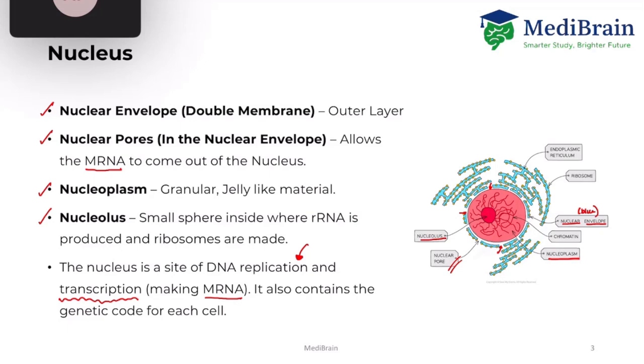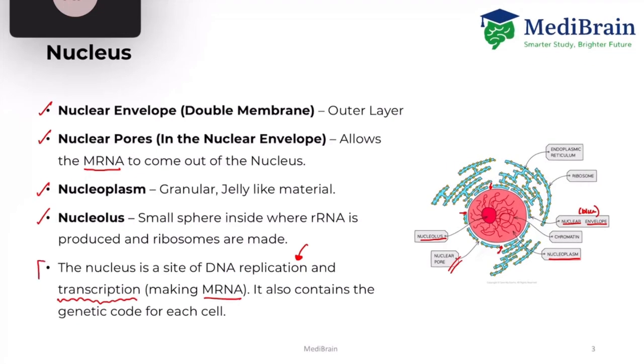It tells the cell what to do. Okay, so that shouldn't be anything new. The point about transcription, it's where transcription happens. So basically, remember the mRNA is moving out of the cell and into the cytoplasm to synthesize proteins. Okay, now that mRNA has to be produced, and the process of making that mRNA is called transcription.